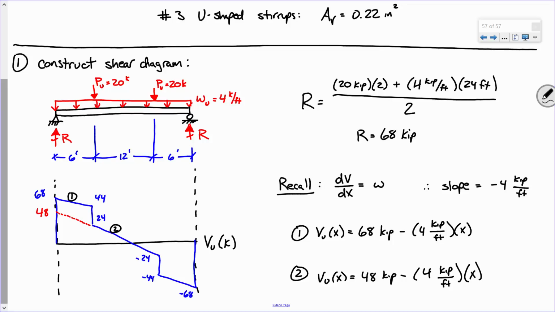So I propose to you that this first region, this equation, is going to be valid from 0 feet to 6 feet. And this is from 6 feet to 12 feet. Now, technically, we could take that and go on to 18, but we really only care about up to midspan. Does that make sense?